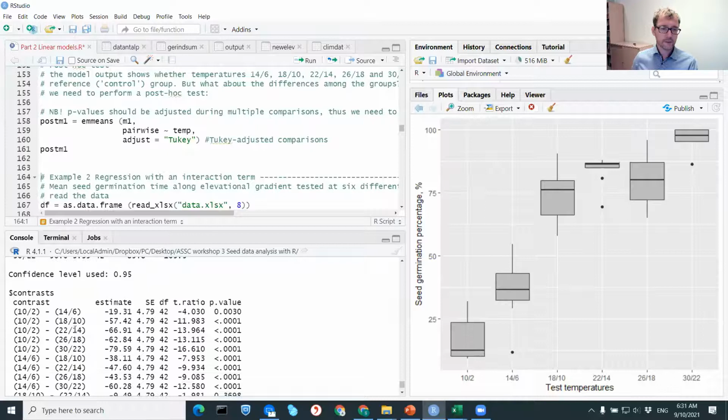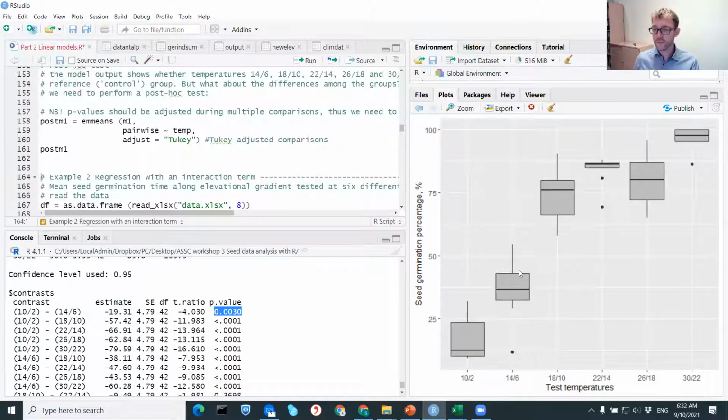And then what the software does for me, it simply compares temperature 10.2 to temperature 14.6, right? I can see that this value is significant. Therefore I would use different letters, A and B, for example, to show that the germination percentage at temperature 10.2 and 14.6 differ from each other statistically.